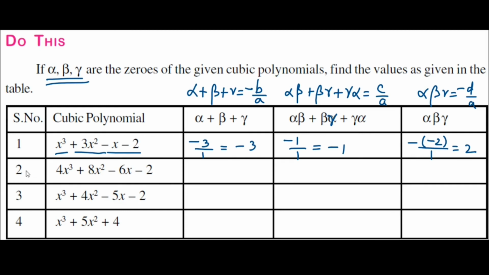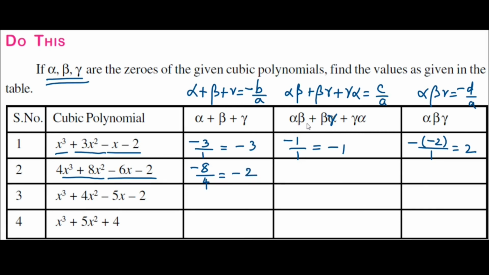And here the second cubic polynomial is 4x cube plus 8x square minus 6x minus 2. Alpha plus beta plus gamma is equal to minus b by a. Minus b means minus 8 by a. a is 4 here. So minus 8 by 4. This is minus 2.